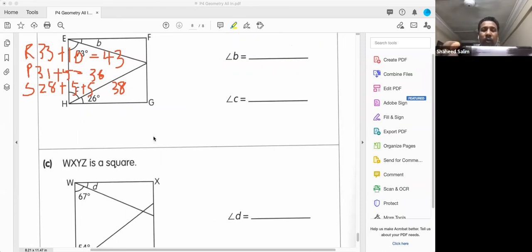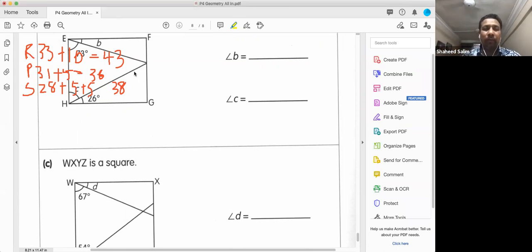We are now going to go into revision. Revision for what? Okay, just hold on. Just give me one moment, okay? I'm trying to open recent file. Ya Allah, where is it? Geometry. Hold on.